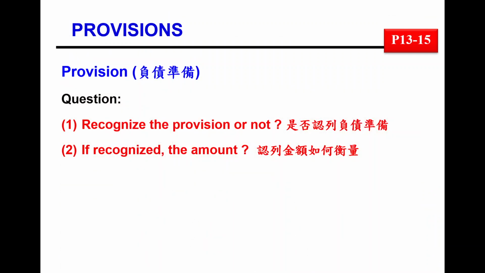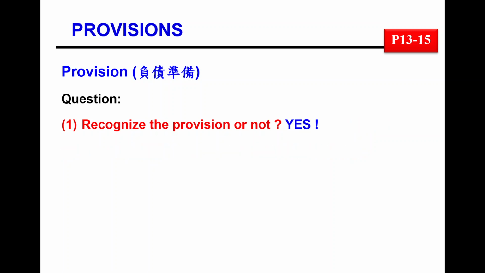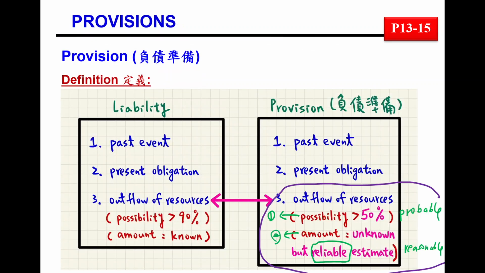So on your slide 77, first question, do we need to recognize provision 负债准备 or not? Yes, right? Why? Remember, what is provision? Provision's definition is past event, present obligation, then it is probable, and the amount could be measured reliably. If any one condition cannot be met, we don't call it provision.